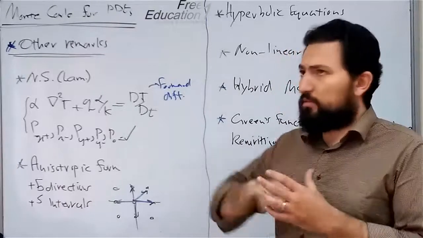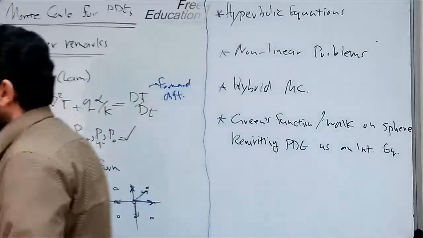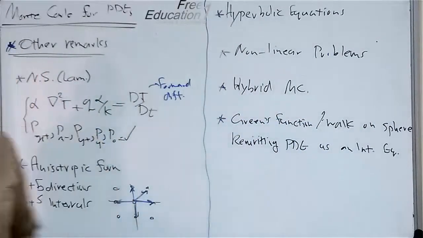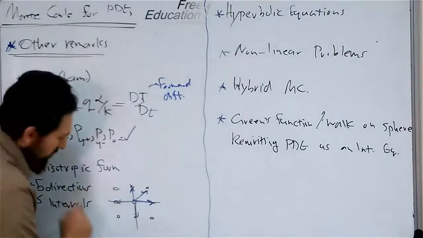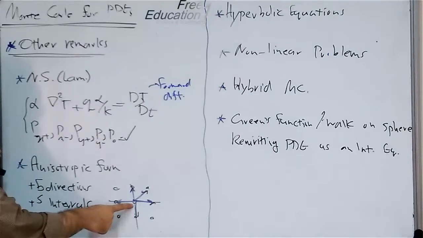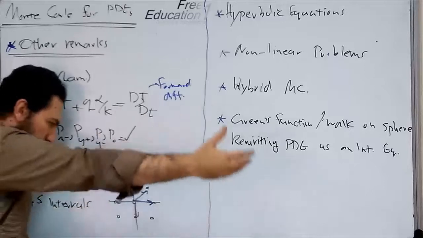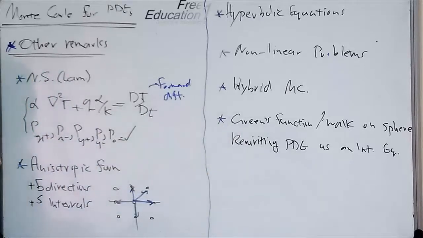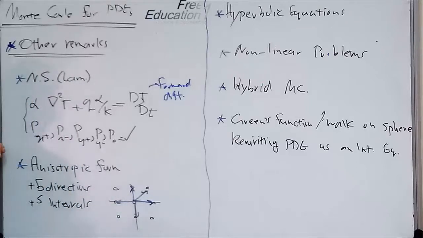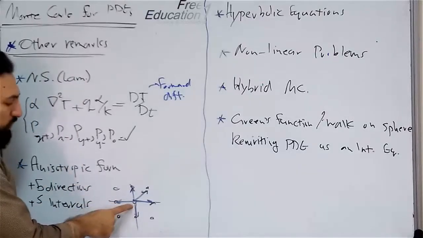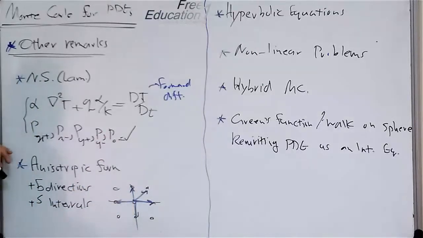Okay, the next point is the anisotropic form. Anisotropic means that the properties of the material are direction dependent. So when you are performing the random walk process, as you see here, the random walker is located at the center point, for example, and then it's going to find its way to the neighboring particles. In our previous case, the random walker can go to the right, to the left, to the upper, and to the lower neighboring nodal points.